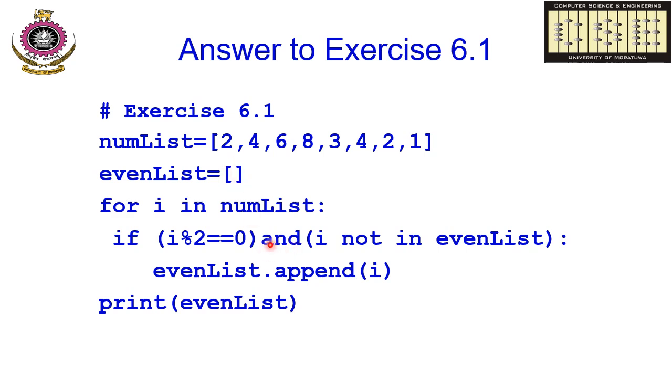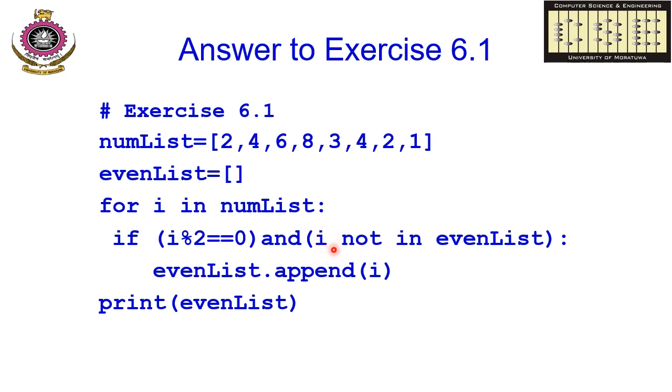But that is not the only condition, because as we said before, there are repeating items. As you can see, 2 is repeating, 4 is repeating, and so on. We don't want to put those repeating or duplicate items into this list. That's why we have the second check. What is the second check?